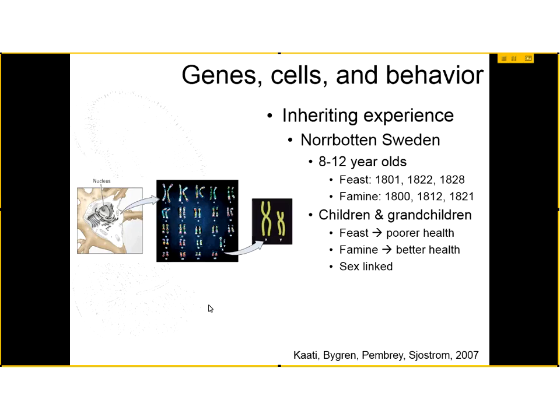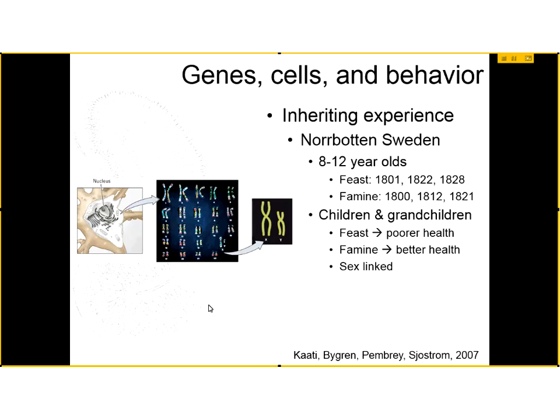If it was a male that had a female and then a granddaughter, that relationship wasn't observed. If it was a female that went through feast or famine and her child was a female, and her grandchild was a female, they showed it.